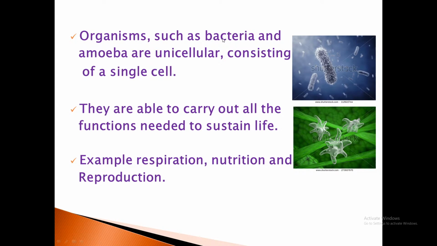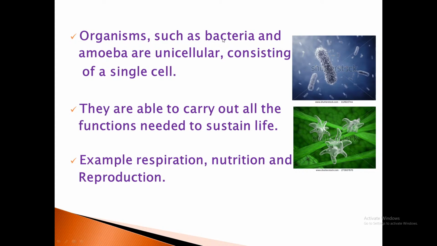Nutrition is also known as feeding, that is, you placing food in your mouth so you can eat it. So they are saying that nutrition also takes place in bacteria. And reproduction. These are just three of the characteristics of living things that take place in a single cell organism, for example.